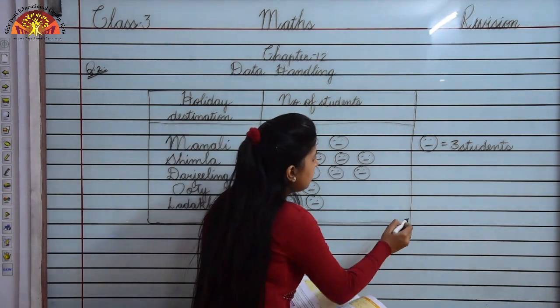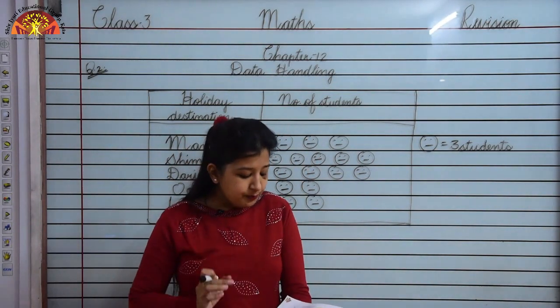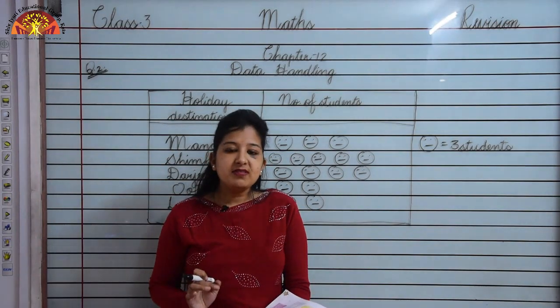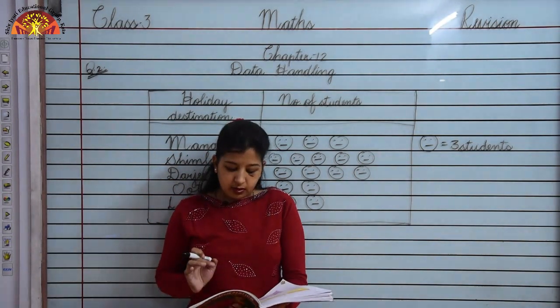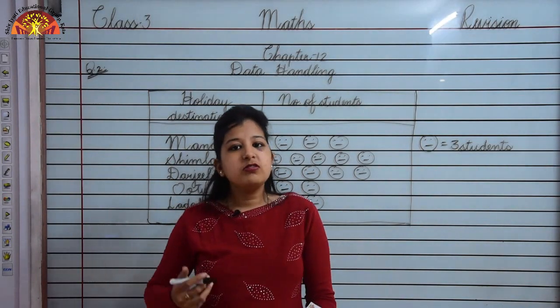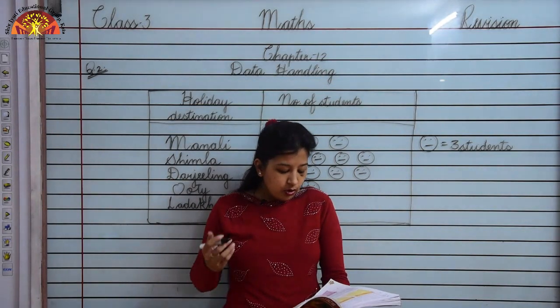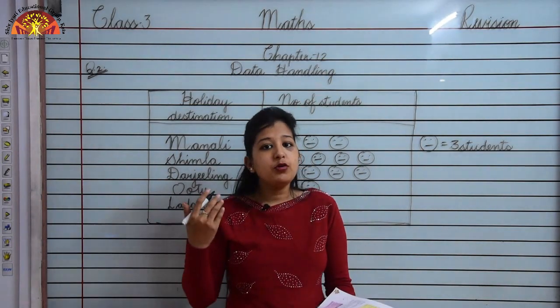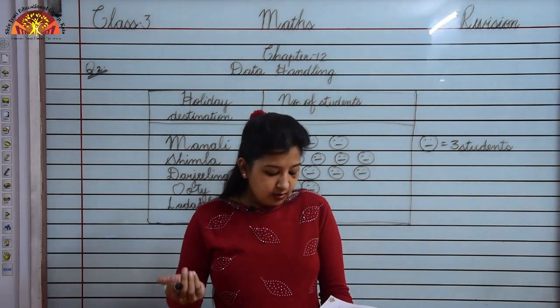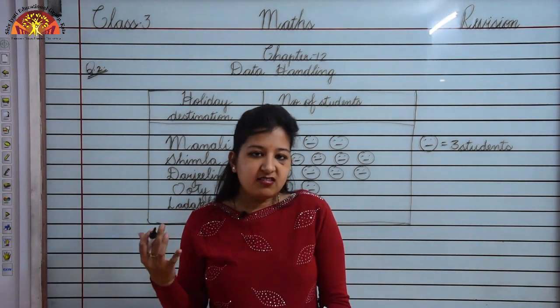So in this way we will make our pictograph. Students, we use pictograph to represent small numbers. For large numbers it is not possible to draw so many pictures. So what we have to do? We have to make tally marks. So students, we draw tally marks to represent such numbers.